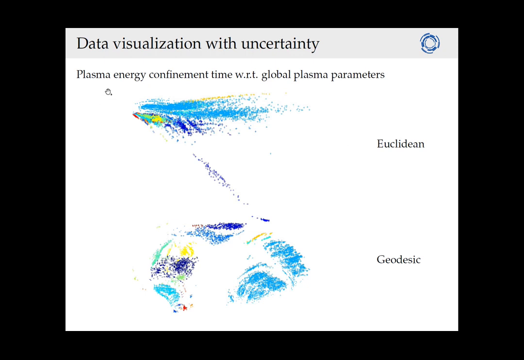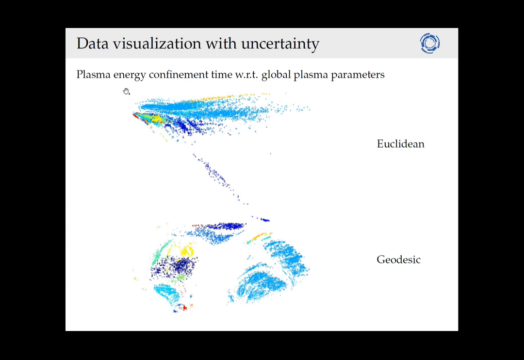This is actually a visualization of a large database of measurements of energy confinement times in various fusion devices. Each of the colors represents a fusion device, one tokamak, and the points are individual measurements made in plasmas inside each of these tokamaks.